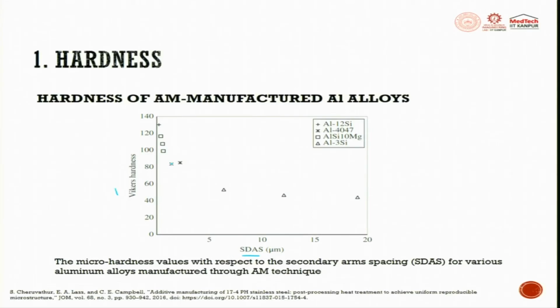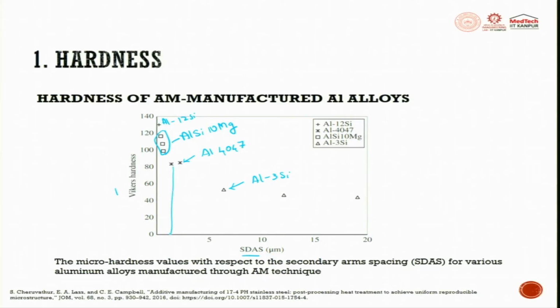All the stars are Al 4047, the triangles are Al 3Si, the boxes are AlSi10Mg, and there is only one, this is Al12Si.